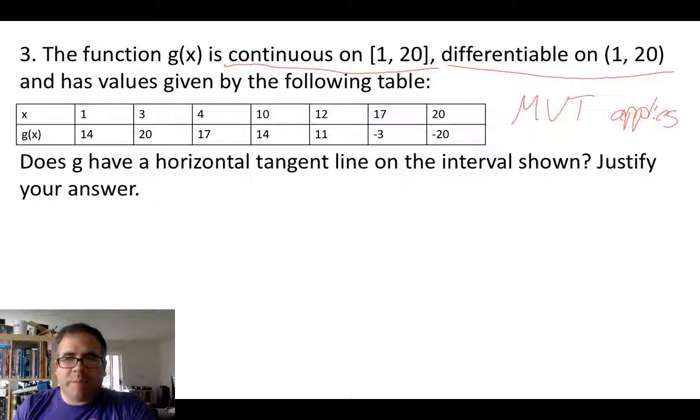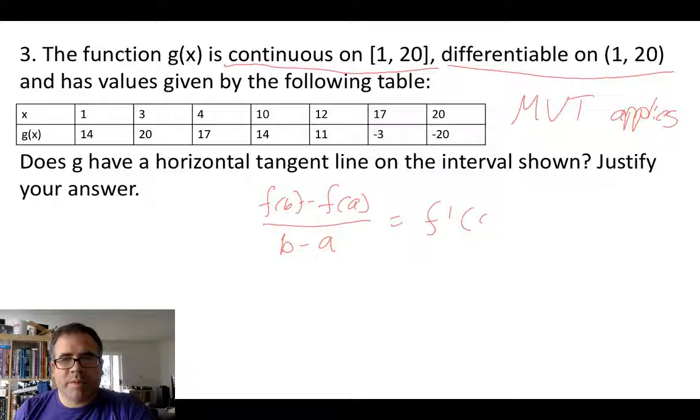Let's remember, the mean value theorem says that if you have a function that is continuous on a closed interval and differentiable on an open interval, the average rate of change between 2 points, so (f(b) - f(a))/(b - a), is equal to the derivative at some point between a and b, which we usually write like this.